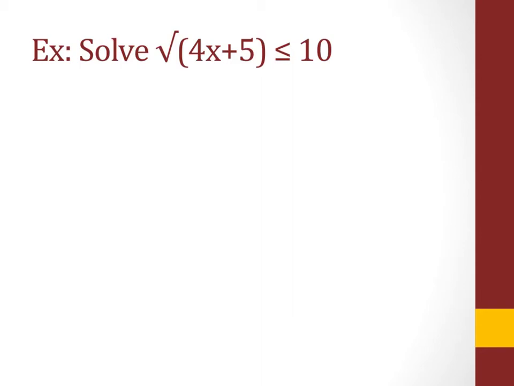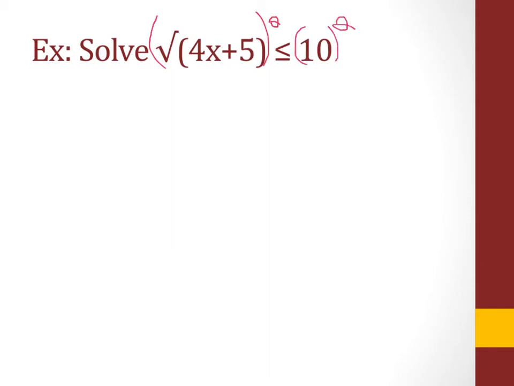Finally, this is our last example of this lesson, which is working with radical inequalities. This radical inequality here, we can see, has a less than or equal to sign. Now we want to approach it the exact same way as what we've been doing for the last two examples. So we can initially start off by squaring both sides.